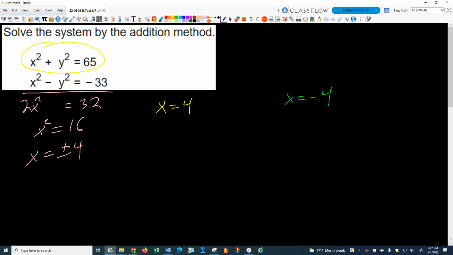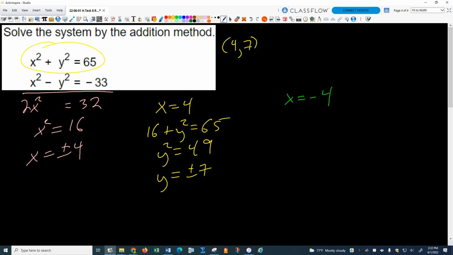If x equals 4, that top equation is going to become 4 squared, so 16 plus y squared equals 65. Just solve for y. Subtract 16. Y squared equals 49. So what are the solutions for y then? Positive or negative 7. So what's that tell us then? That tells us that when x is 4, y could equal 7, or y could equal negative 7.